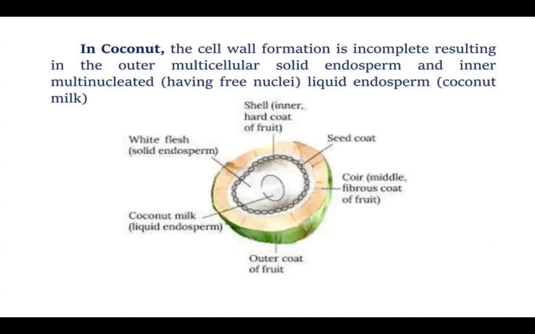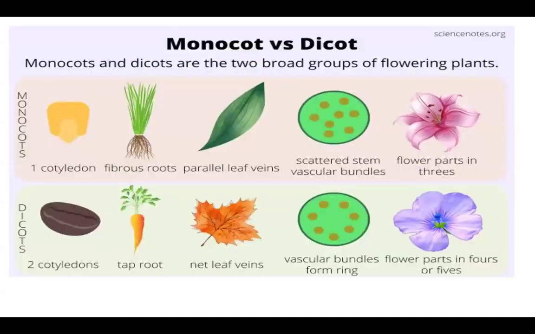The liquid part of the tender coconut, the water that you have, is nothing but the free nuclear endosperm, the liquid endosperm. And the cellular endosperm is nothing but the white part, the kernel that you have. So this is the endosperm that you have.